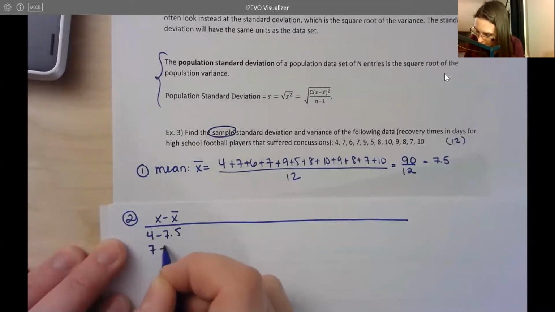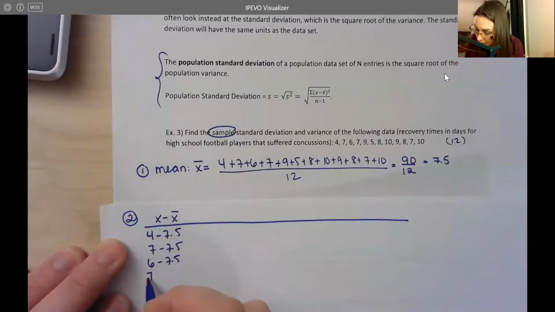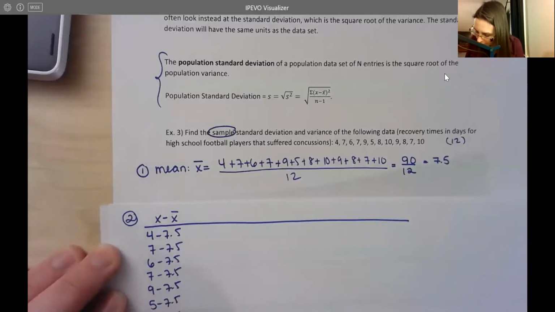Then 7 minus 7.5, 6 minus 7.5, 7 minus 7.5, 9 minus 7.5, 5 minus 7.5, 8 minus 7.5, 10 minus 7.5, 9 again, 8 again, 7, and 10.